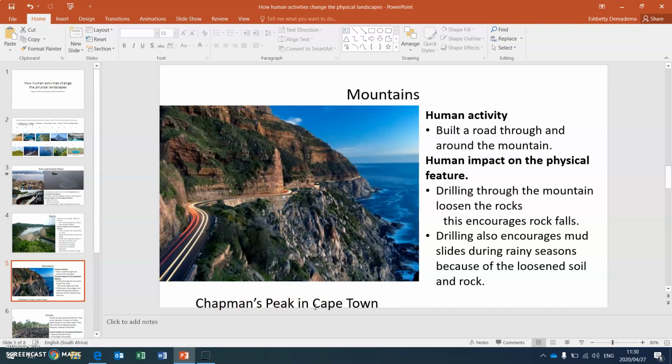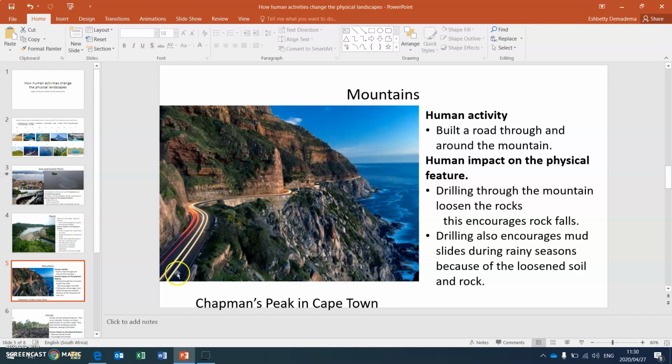Alright? So, human impact on this environment is that as you drill through the mountain or along the mountain, what you're actually doing is you're loosening the rocks in that area. This encourages rock falls. And I'm sure you've driven past areas where there are signs that say, beware rock falls, okay?